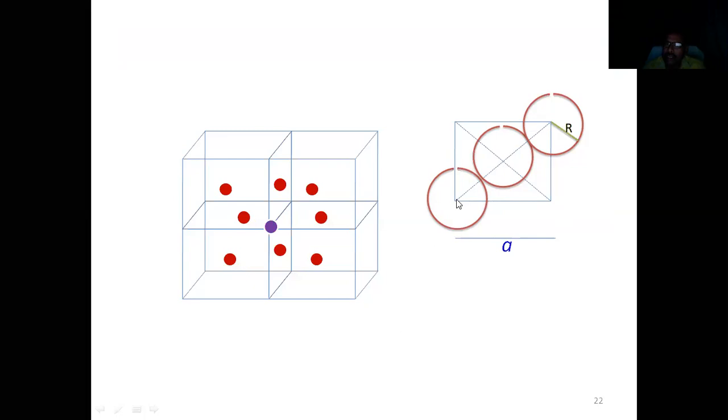That means these corner points are the next nearest neighbors, which are at a distance a. So here one lattice point, here one lattice point, and here also one lattice point.